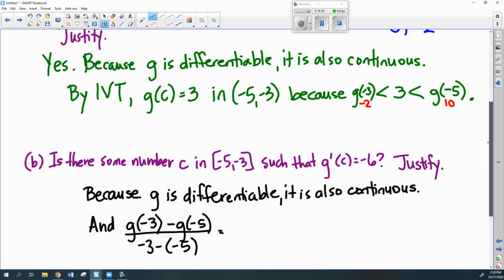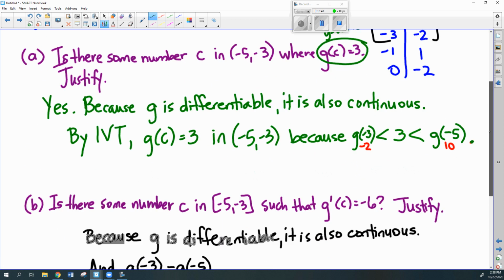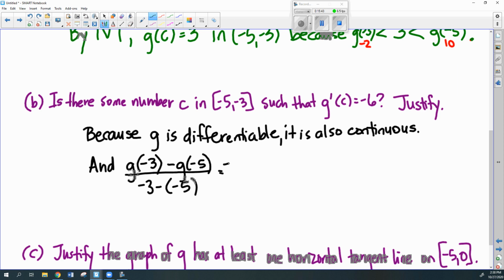So I would use, let's see, -2 minus 10 on top. And on the bottom, that's going to make -3 plus 5. And so I can reduce this thing, and I do in fact get -6.